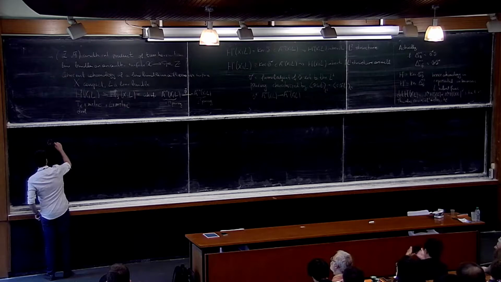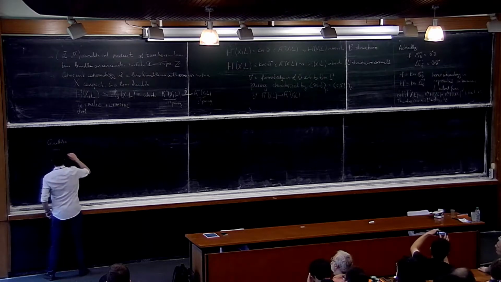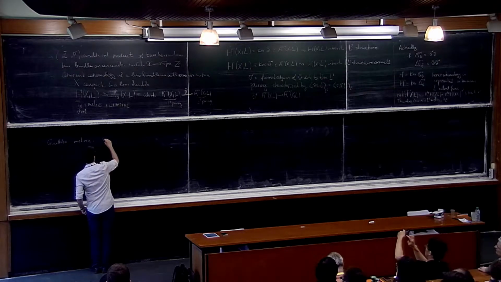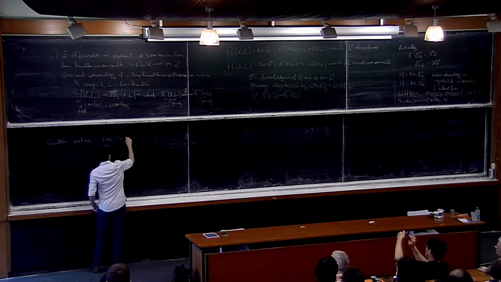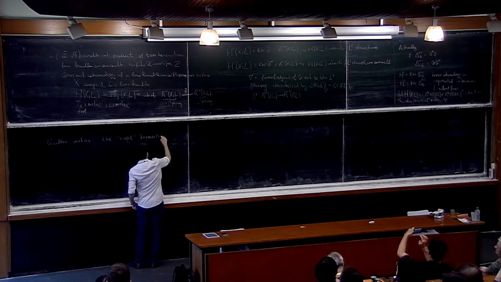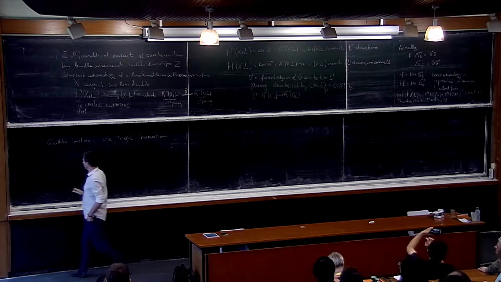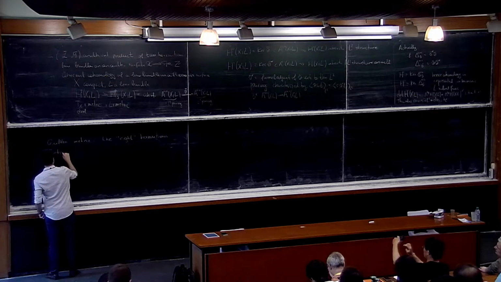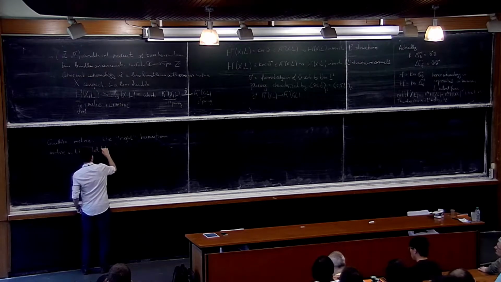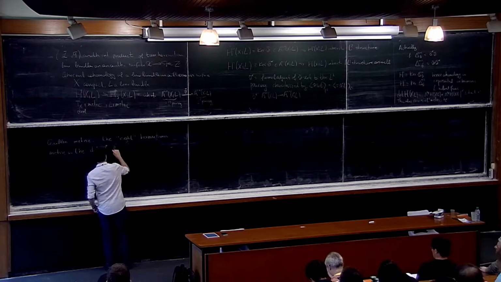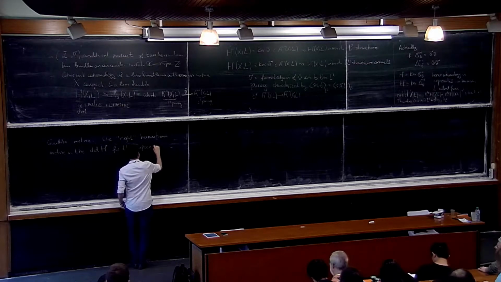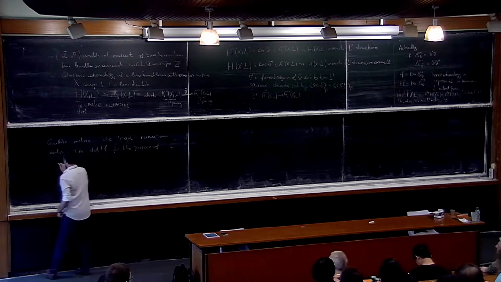So this is the content of the right Hermitian metric on the determinant of the cohomology for the purpose of a Riemann-Roch statement.